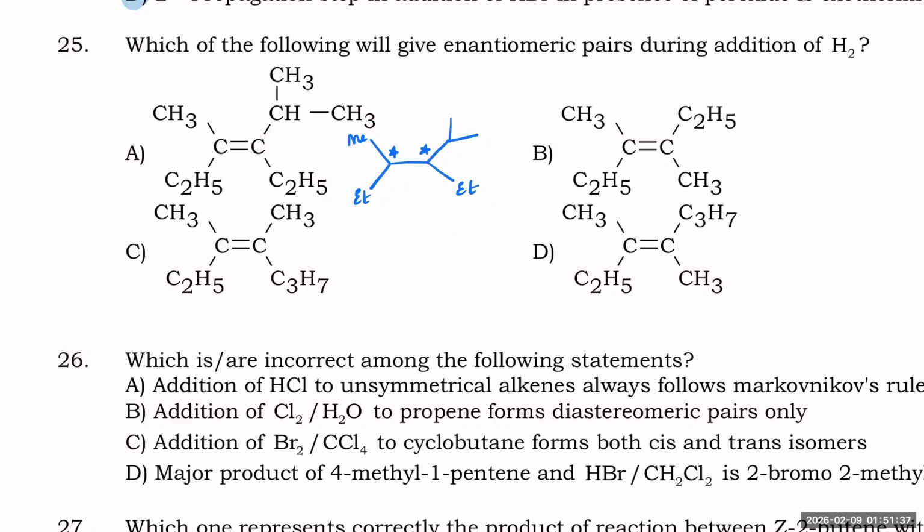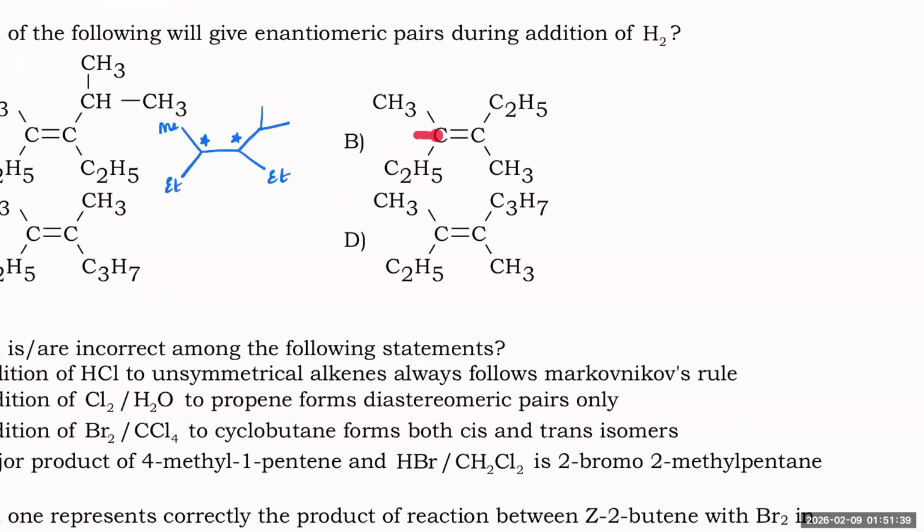Second one, if hydrogen and hydrogen get added here, what do I get? So like this, like this. This is ethyl, ethyl, methyl, and methyl. Now, could you recall something, everybody? What is this form?